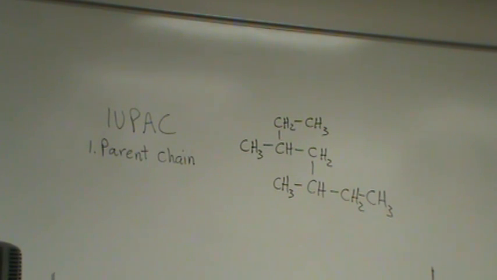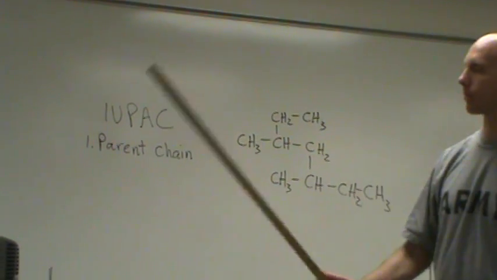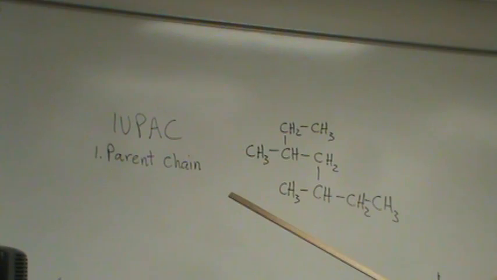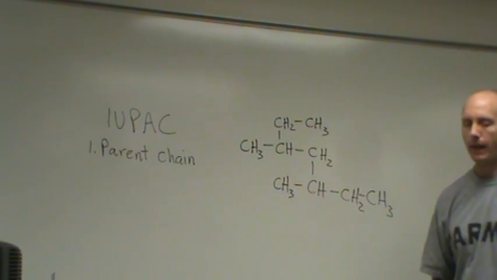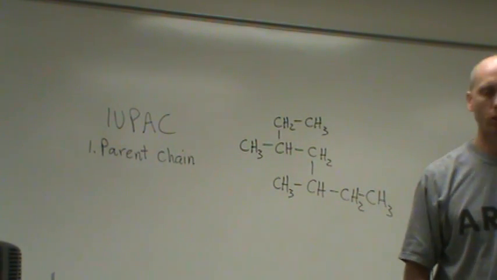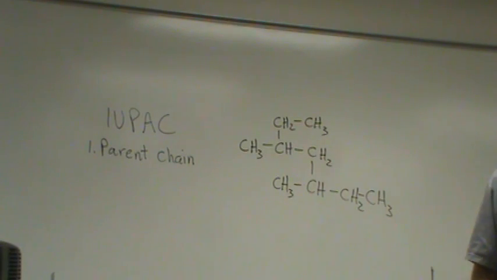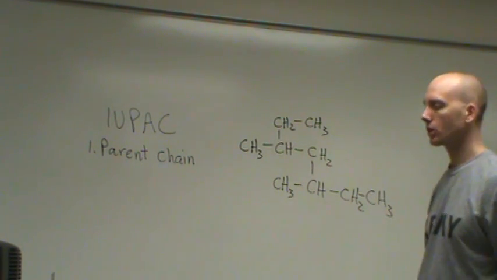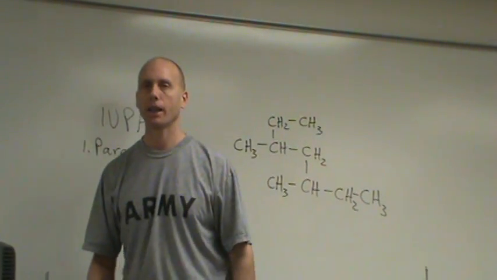It looks somewhat difficult perhaps, but we're going to make this real easy. So the first thing we do is we find the parent chain. Write it down. The parent chain is the longest continuous carbon chain from end to end.